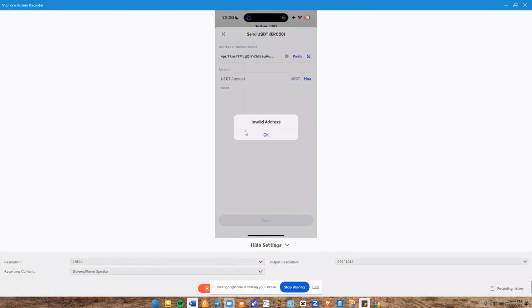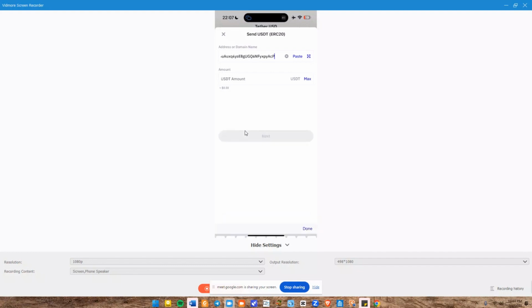However, sometimes some exchanges or some wallets will not tell you this. Okay, well, personally I will know, because I know all the Ethereum wallet addresses will start with 0x. All the Tron wallet addresses will start with T. All the Binance Smart Chain addresses will start with 0x. So that is why at least it's telling me invalid address.